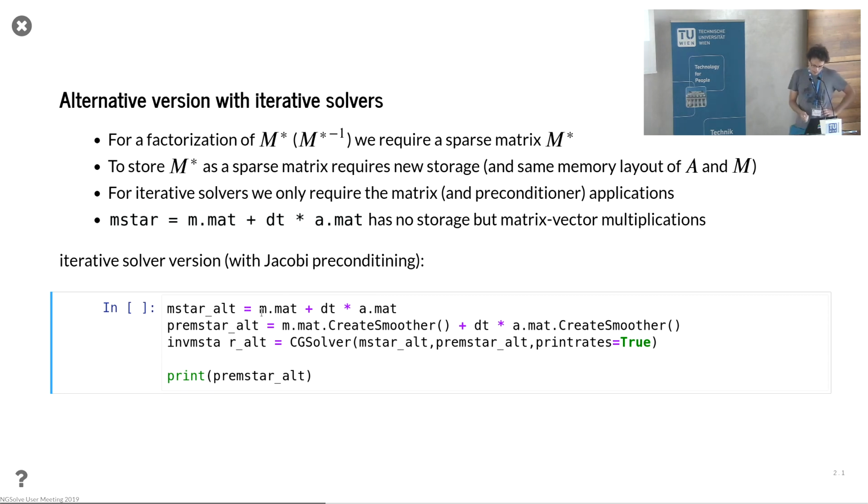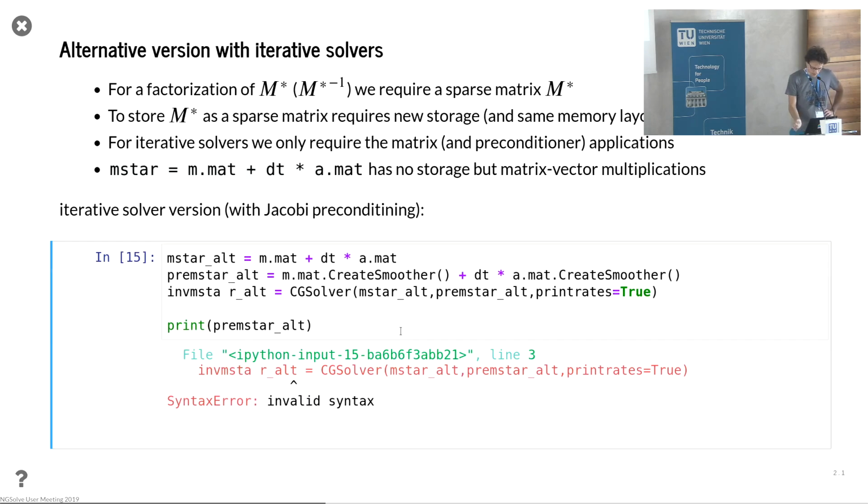So here we have M-star alt, for alternative, which just defines the matrix as the linear combination of the operators that you have. So you can apply matrix vector multiplication now, but you cannot call the inverse, so the sparse inverse operation, on that. Similarly, you could try doing a corresponding Jacobi preconditioner just by setting it up as a linear combination of the corresponding Jacobi preconditioners of the individual matrices. And then you could solve this iteratively.